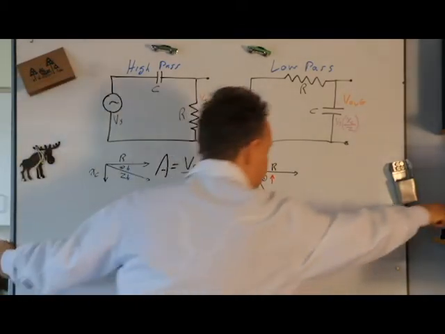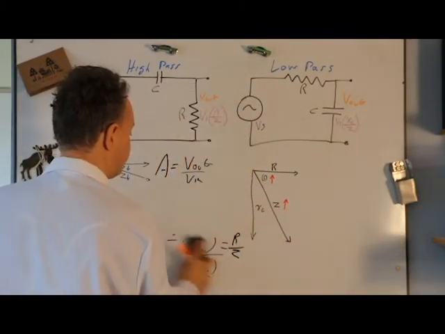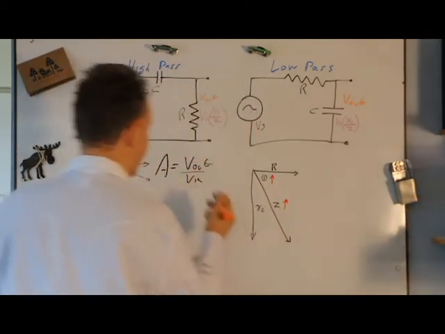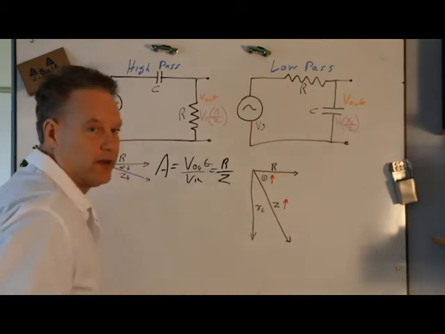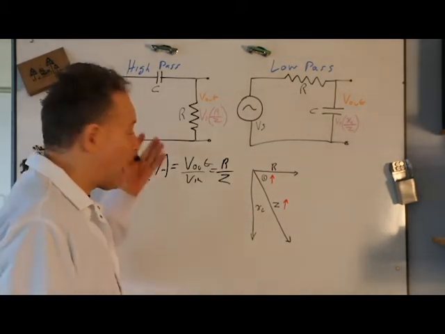So what I can do is say that the gain also equals R over Z. Now, that's specific to a high-pass filter.